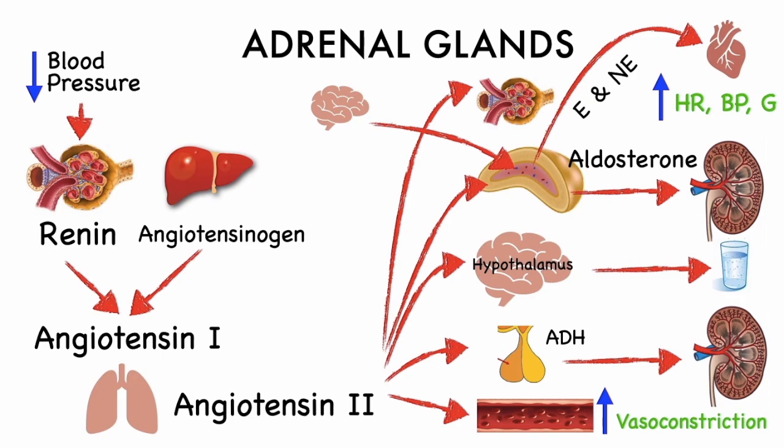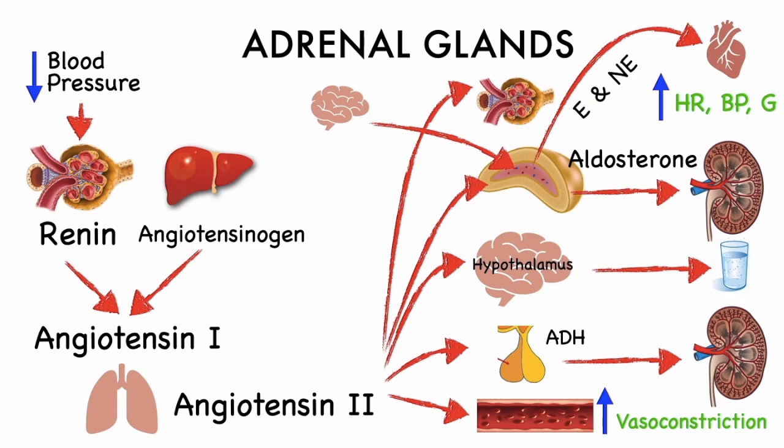We also have the adrenal medulla. That's this inner region right here. And the adrenal medulla secretes epinephrine and norepinephrine, the stress hormones. Another word for epinephrine is adrenaline. Now, the adrenal cortex here secretes aldosterone. So we're going to see what their target organs are and what triggers them.